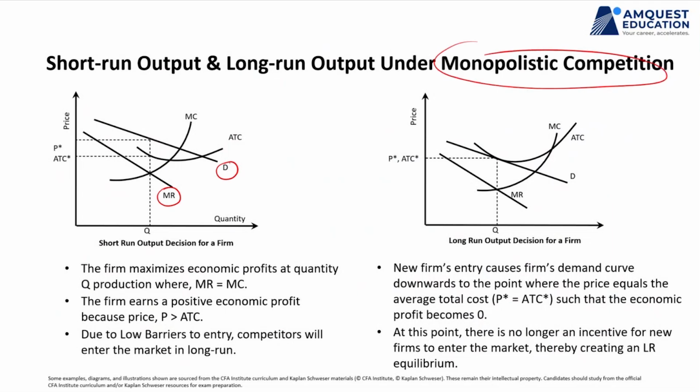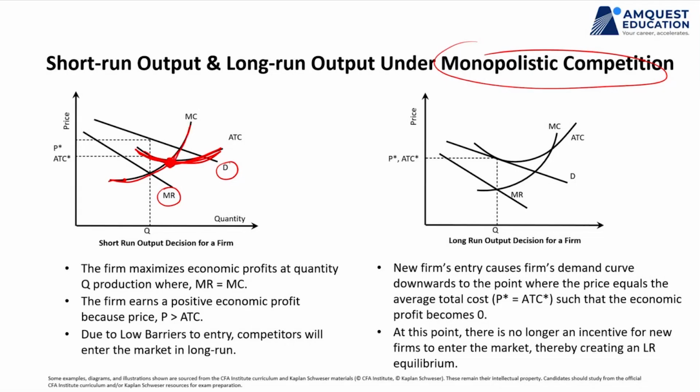So this is how it will look in the short run. Okay, learn carefully. This is the MR line. This is the demand line. Remember, I told you the average cost curve might be somewhere here, right? And the MC curve will intersect the ATC curve at the bottom and go up, right?